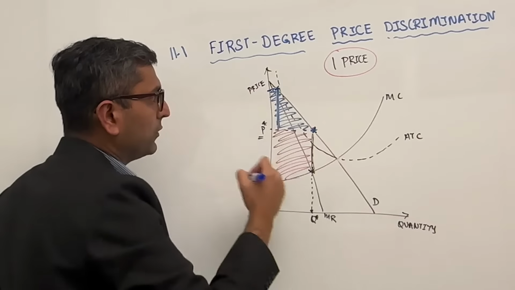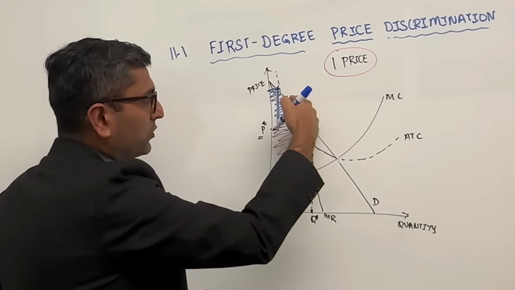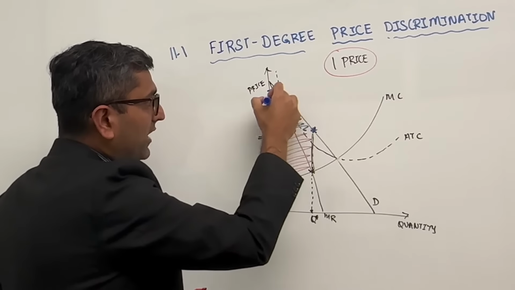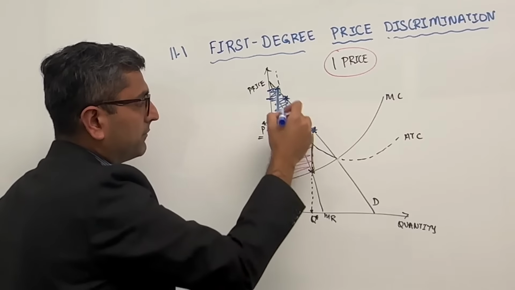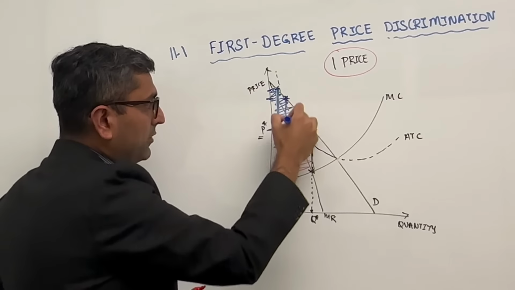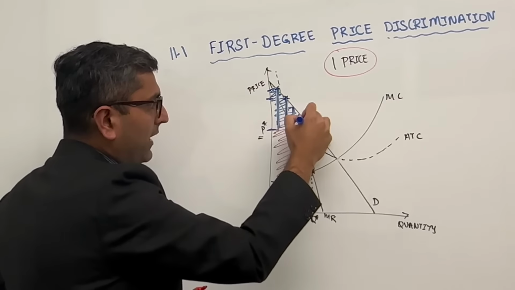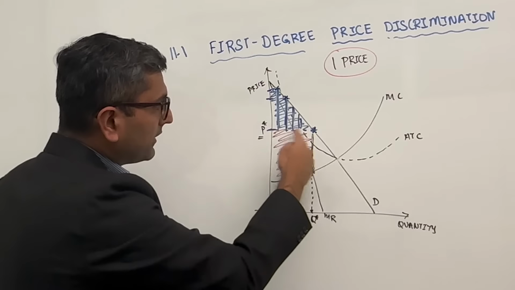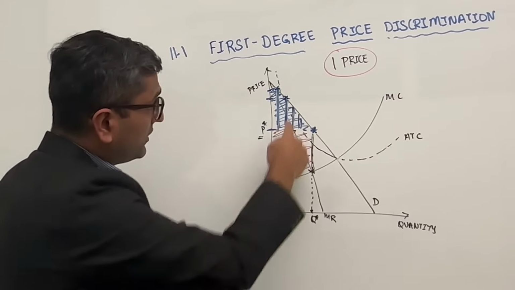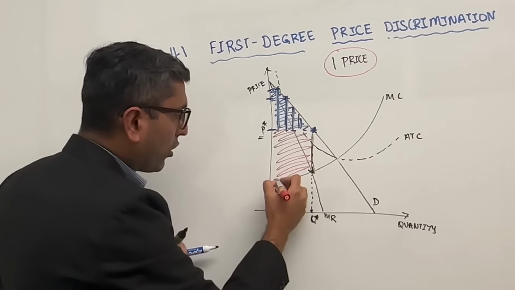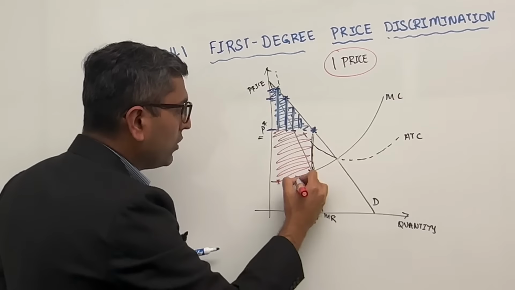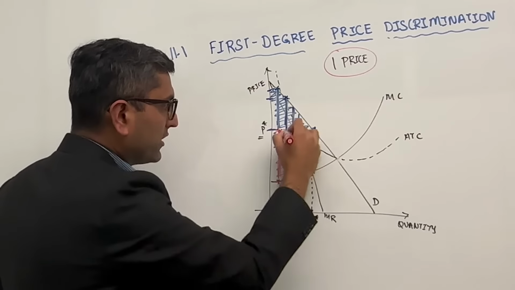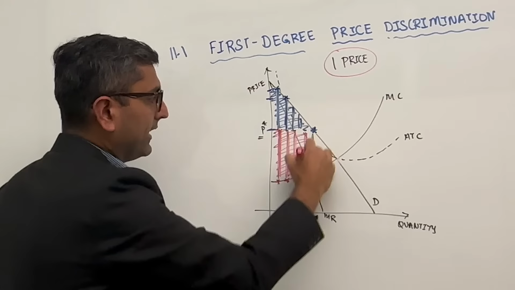Similarly, this customer was okay, according to the demand curve, to pay me a price much higher than my P star, and so they enjoy this surplus, and so on. That's why we have this blue area. Similarly, this is the producer surplus, because the marginal cost is much lower than the price. This is what your producer enjoys.